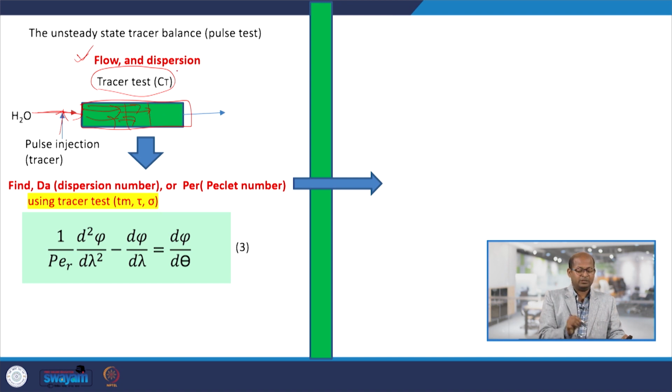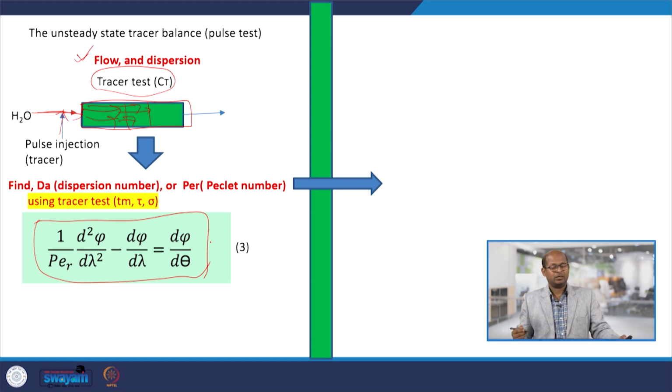Once we know that dispersion is there, we have developed these equations, the second order differential equations, in dimensionless forms for the tracer test or tracer experiments. In these experiments we have to solve these equations using some boundary conditions.